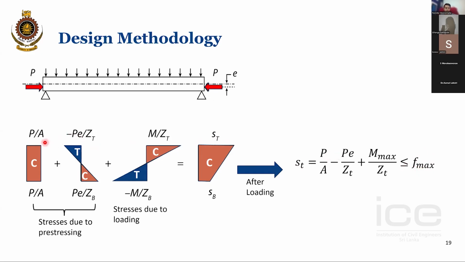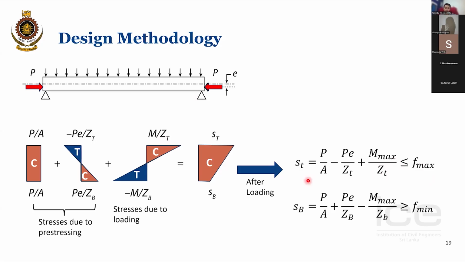If you take compression as positive and tension as negative, P over A minus the flexural stress due to the pre-compression, P e over ZT, plus the moment, considered as the maximum moment in this case because it is under the working conditions, M max divided by ZT. So whatever this top part addition is, it should be less than the maximum value.